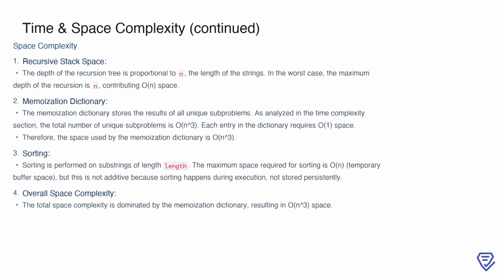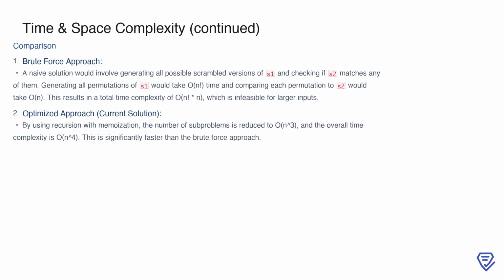Comparing this optimized approach to a brute force solution highlights its efficiency. A naive approach would involve generating all possible scrambled versions of S1 and checking each against S2. Generating all permutations of S1 alone requires n factorial time, and comparing each permutation to S2 adds an additional n for each check.